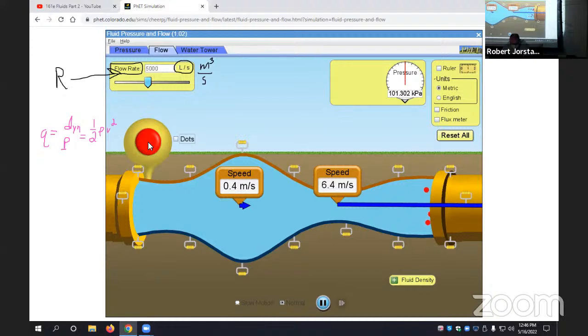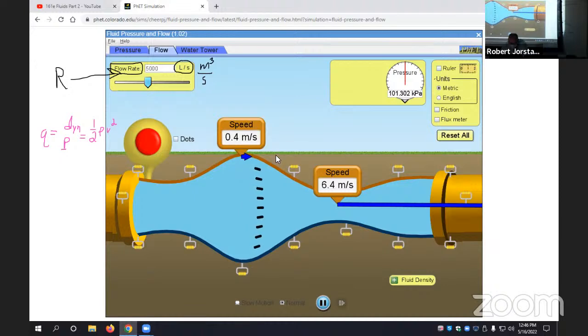Okay. So now what I can do is if I push this button, we'll see what the fluid flow looks like if the particles were organized. And so what happens here is when the pipe gets wider, they can spread out and slow down. When it gets narrow, well, let's do that again. I just think that looks cool.